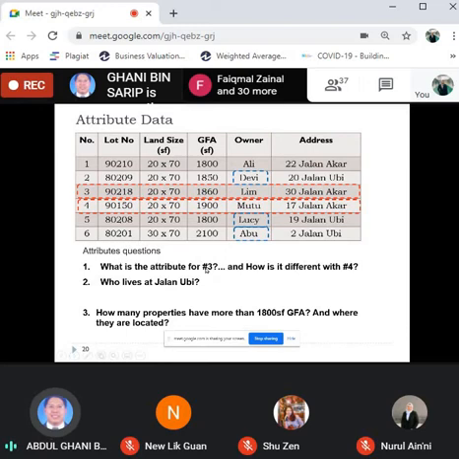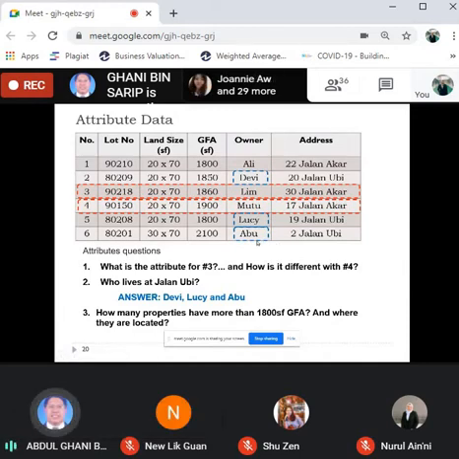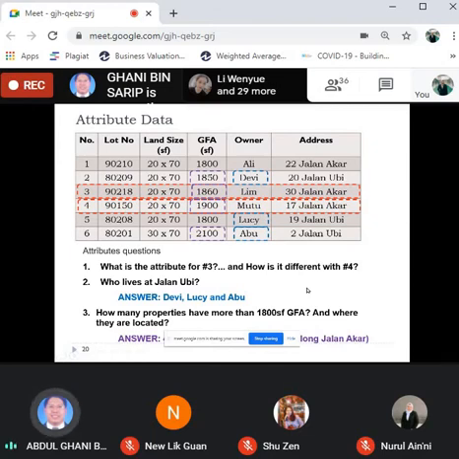And then we could further ask who lives at Jalan Ubi, and the system would simply pop up answers or a dialog box in the form of answers. It tells us who are basically living along Jalan Ubi or own a house at Jalan Ubi. And then how many properties have more than 1,800 square feet of footage, and where they are located.